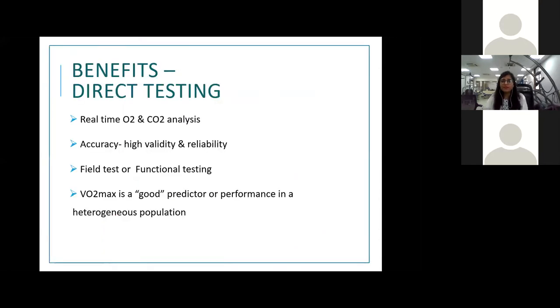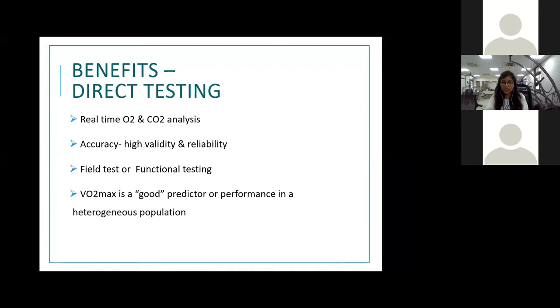Now, what are the benefits of this direct testing? It gives real-time oxygen and CO2 analysis. Throughout the test, at any point of time, we could see what the oxygen consumption was at a particular speed or time of the test. For certain athletes, sports, or kinds of running, if you want to see the economy of that run or the oxygen utilization at a certain speed of running, we could see that in the report.